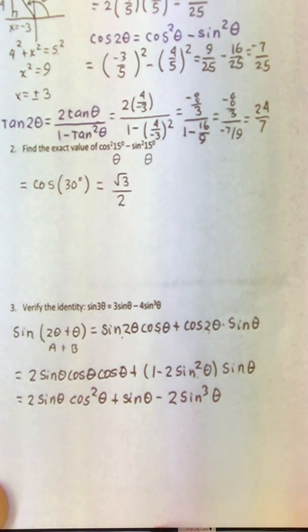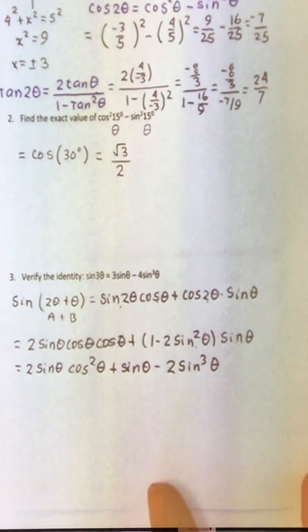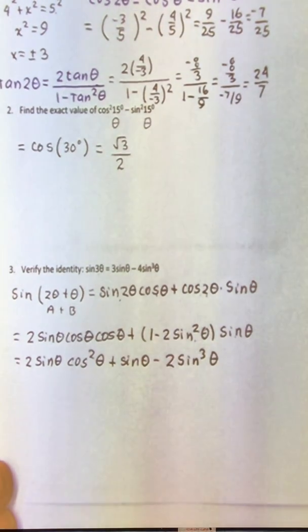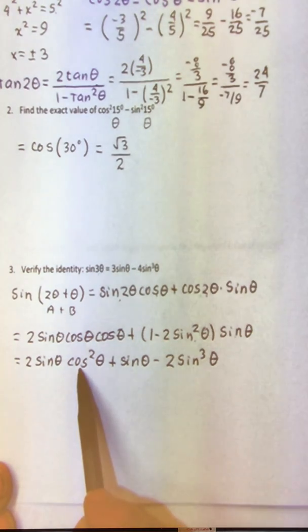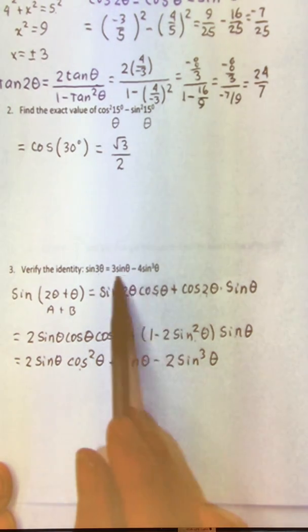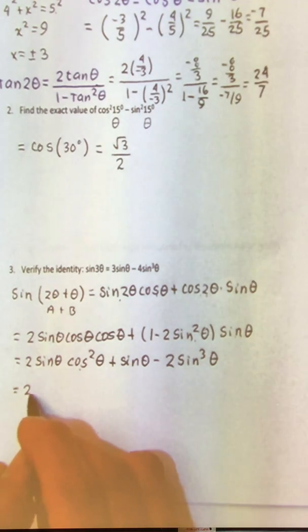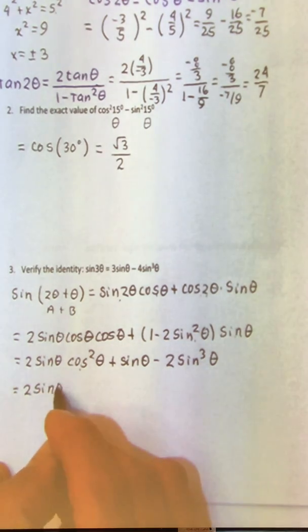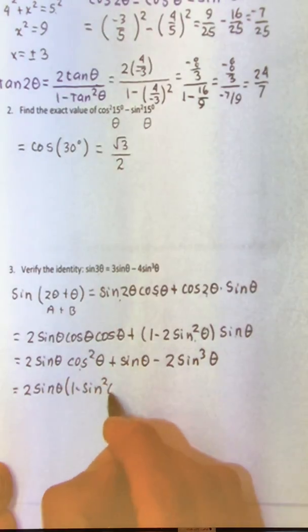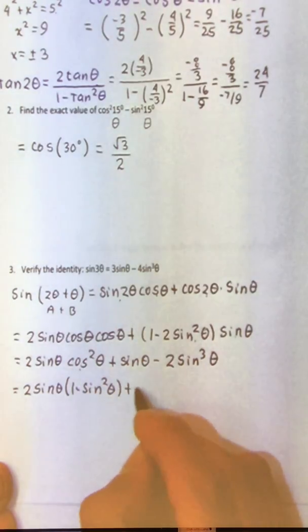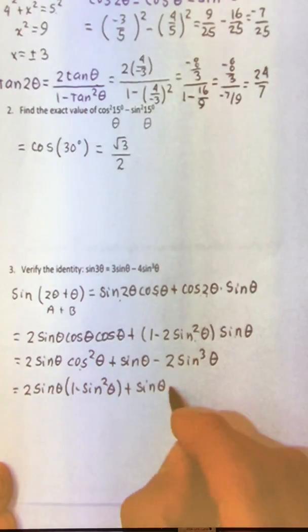If you look at the right-hand side where we're going, it's starting to take shape. Now we have one problem: this cosine needs to be written in terms of sine, since our goal is to get everything in terms of sine. So I'm going to use the Pythagorean identity there and replace cosine squared with 1 minus sine squared.